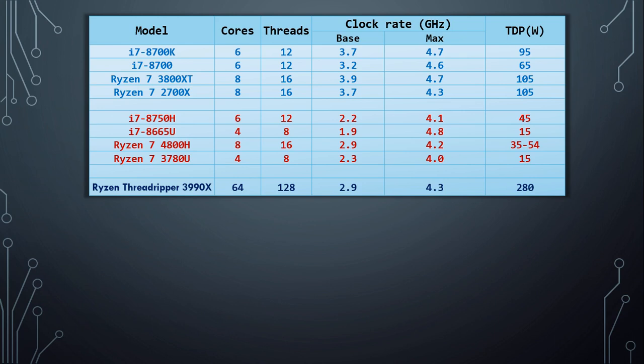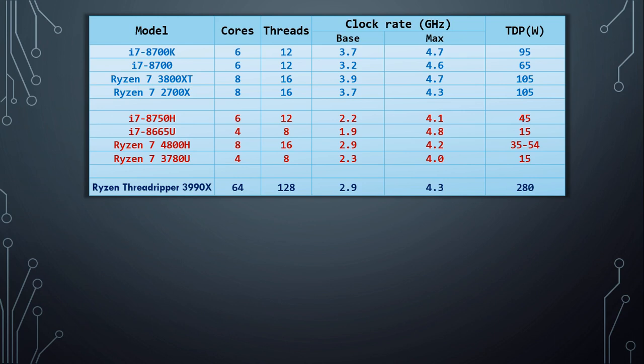So, let us come to the second section, the mobile processors. Here you can see the i7 8665U and the Ryzen 7 3780U.